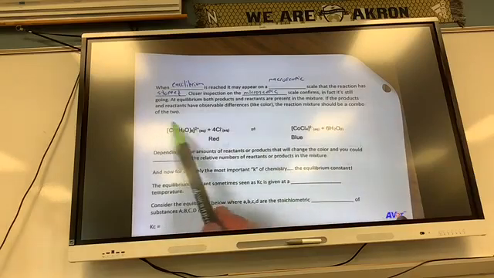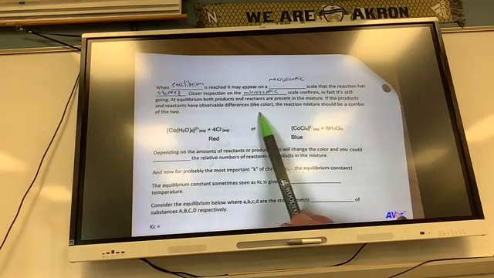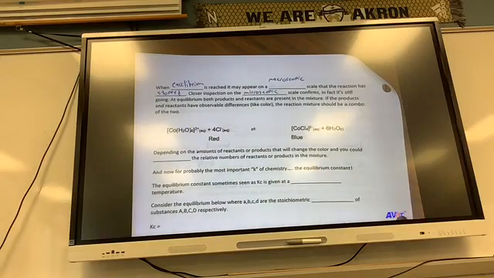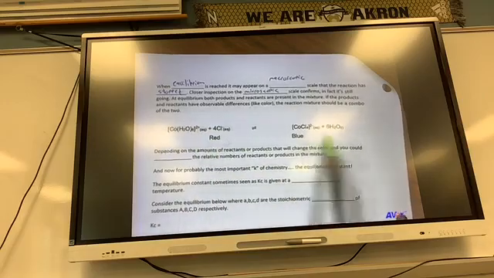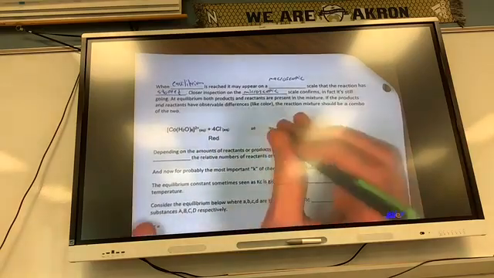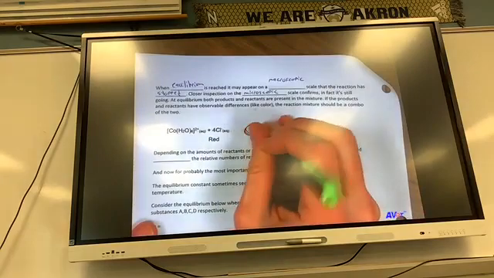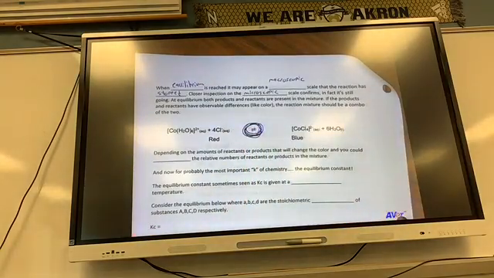If the products and reactants have observable differences like color, the reaction mixture should be a combination of the two. For example, I have a reaction where my reactants are red and my products are blue. If this reaction is at equilibrium, what color should it look? It would look purple.